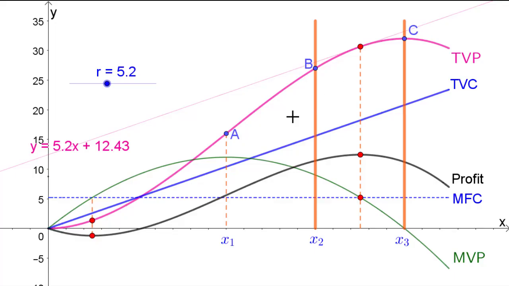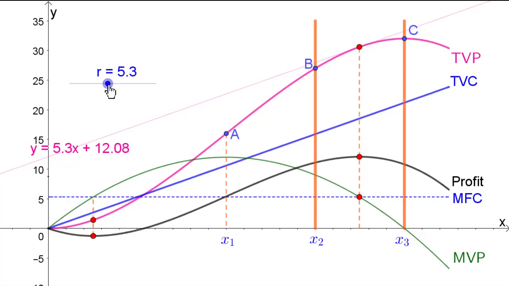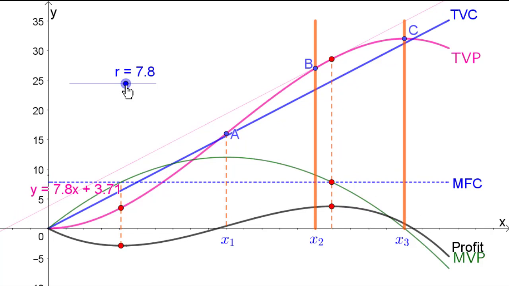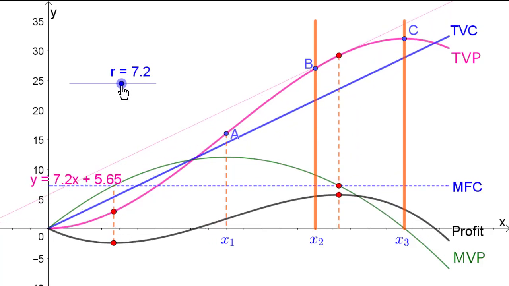There are two things that I want to show you here about the geometry of this condition, MFC equals MVP. You should put your attention on this point. If I'm adjusting my input price, you can notice that this point is associated with maximized profit.